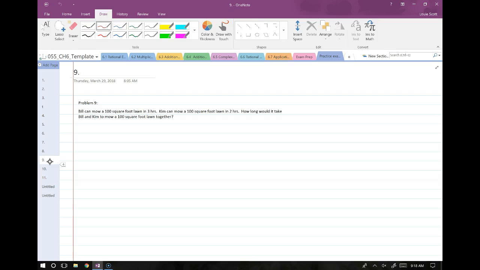Problem number 9, mowing lawns. So remember the work principle that we went over in the last section. The work principle has a formula that basically says this.